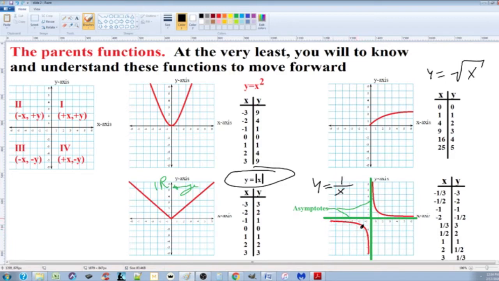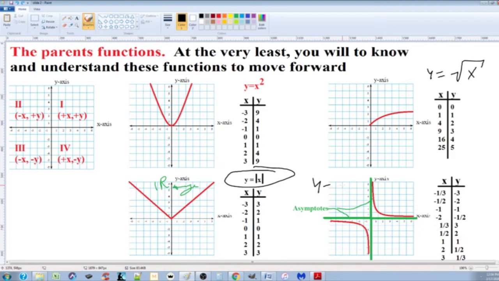And when I say smaller, it's because it's becoming a bigger negative number. I'll use that phrasing. As it becomes a bigger negative number, y becomes a much smaller negative number. As x becomes a much smaller negative number, y becomes a much bigger negative number. So they're always opposites, exact opposites actually, unless we apply some translations.